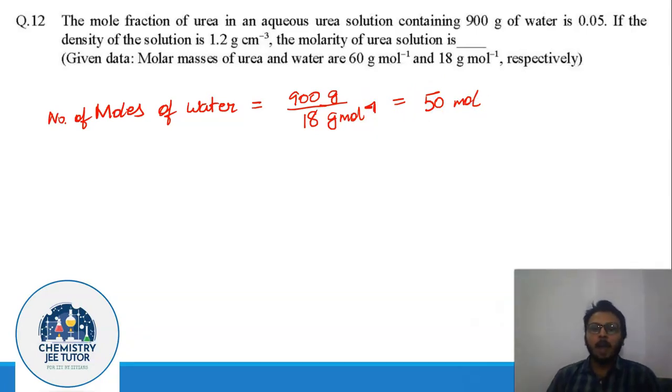Now we want to calculate how many moles of urea we have. How do we calculate that? You think about it and just tell me how we calculate the number of moles of urea.